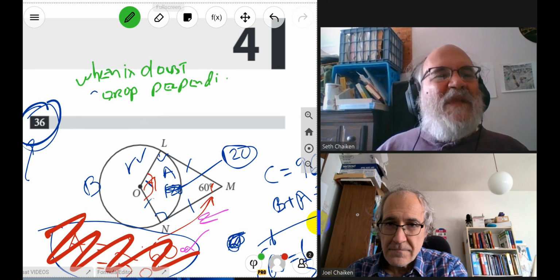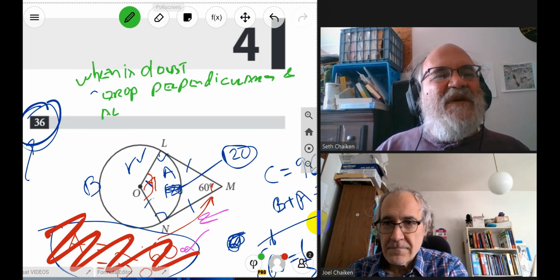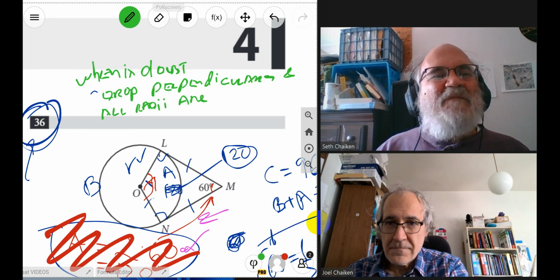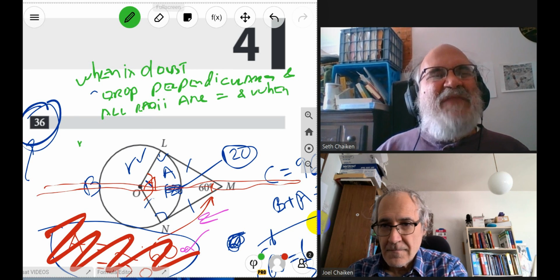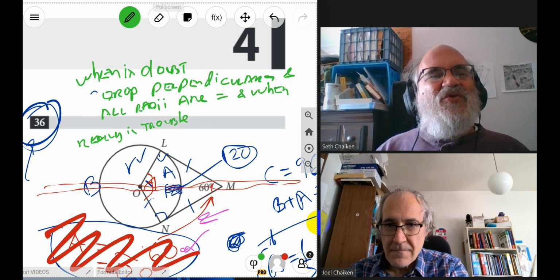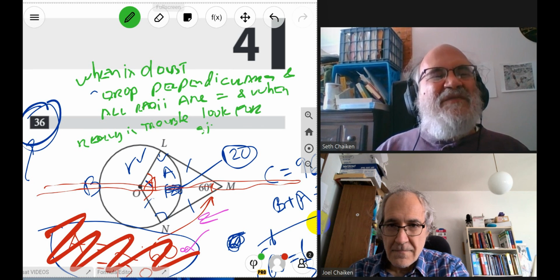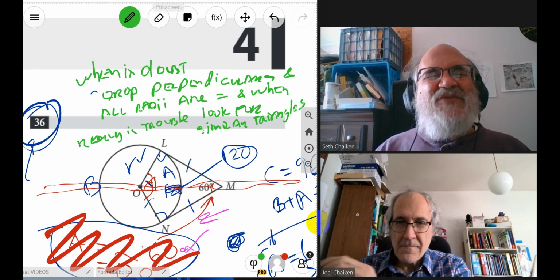I'll use red. There's a line of symmetry from here to here, and so it draws you to realizing that the line from O to M is interesting.